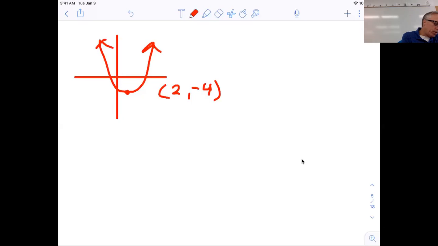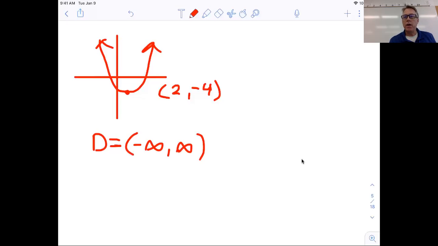The domain, which are the input values, those are numbers that I could put in to get an answer. So for example, if I took this graph and looking at it graphically, if I squished it onto the x-axis, the entire x-axis would be covered up. So our domain is everything from -infinity to +infinity, because the entire x-axis would be covered because the graph continues. Remember, those arrows mean it continues in both directions.